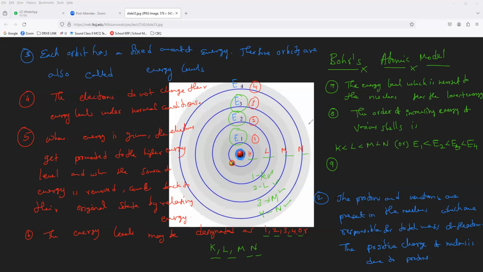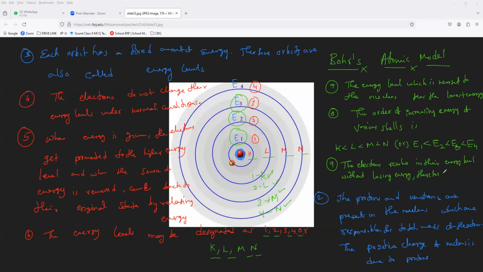The electrons revolve in their energy level without losing energy. So energy remains constant.